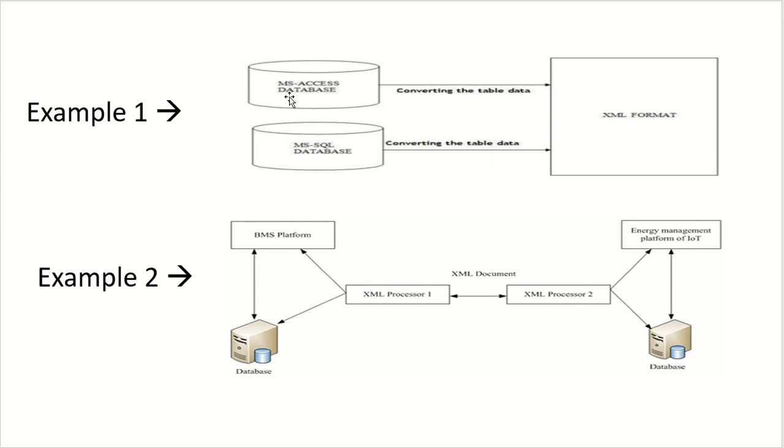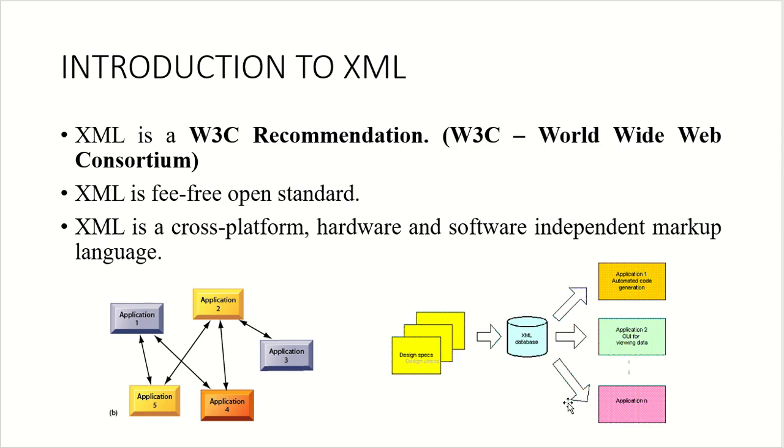Now if the client of the MS Access database wants to communicate with the MS SQL database client, then both will convert their table data into XML format. So this is what this particular diagram is showing, that all the databases will convert their data into XML. Then XML can communicate with any application it wants.